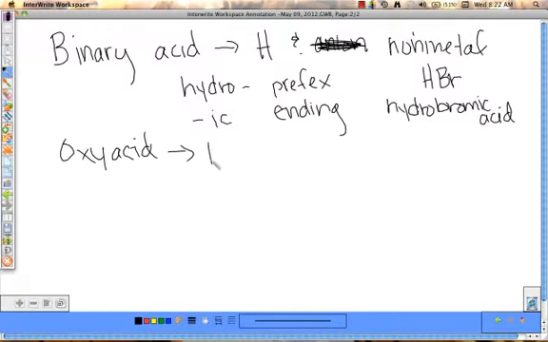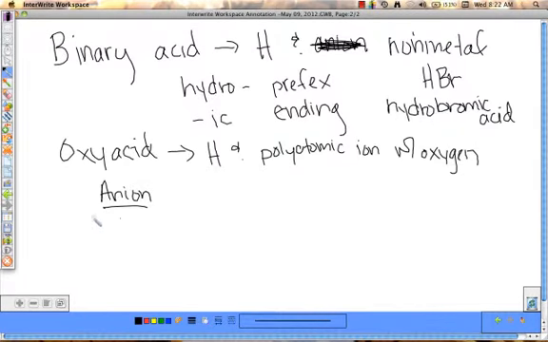Okay, oxyacid, you have hydrogen and a polyatomic ion that has oxygen in it. And here, if let's say the anion, so if you looked on your ion chart, the polyatomic ion had an ITE ending, what would the acid name have as an ending?